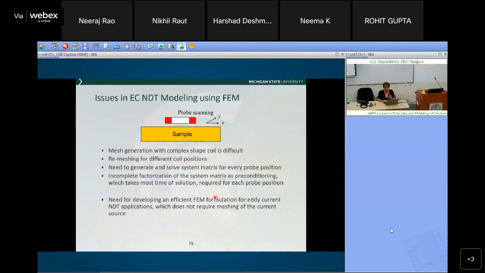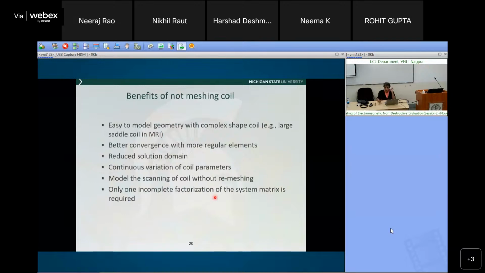This is from another thesis, where we took the basic finite element method and made it a lot more efficient for scanning operations. With a two-dimensional raster scan of m by n positions, I would otherwise have to do the remeshing, the full matrix formulation, the preconditioning, and everything.